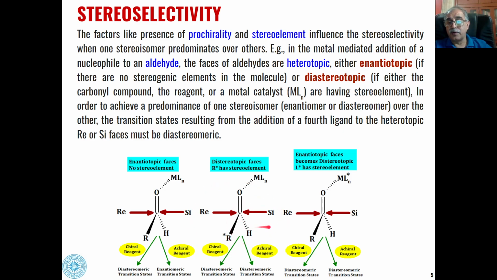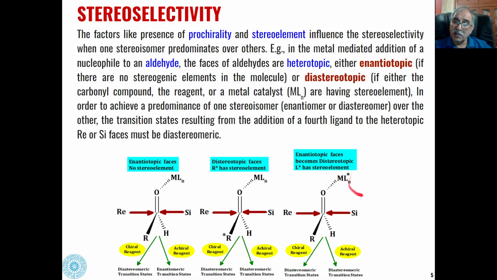and this will lead to the formation of stereoselective products. Then the third situation is where this aldehyde does not have any stereo center, but the ligand which we are using has a stereo element present in it.